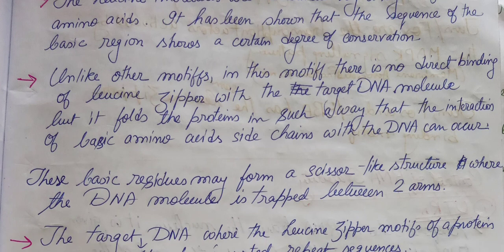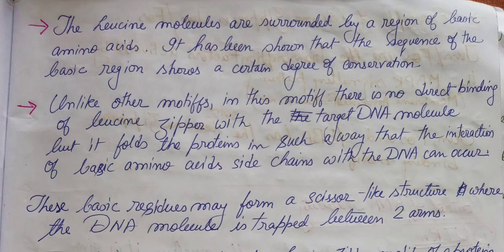So unlike other motifs, there is no direct binding of the leucine zipper with the DNA. Actually, this leucine zipper folds the protein in such a way that the basic amino acids, which I have just said surround the leucine, can interact with the DNA molecule.